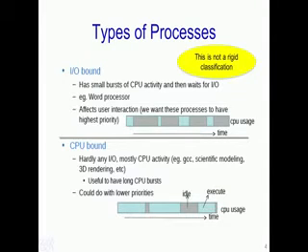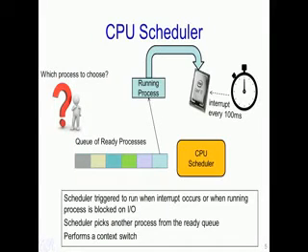Now, let us come back to the question about how the CPU scheduler should choose from the queue of ready processes the next process to execute in the CPU. There could be several ways in which the scheduler could make this choice. Essentially, there could be several CPU scheduling algorithms which would look into the queue and make a particular decision.